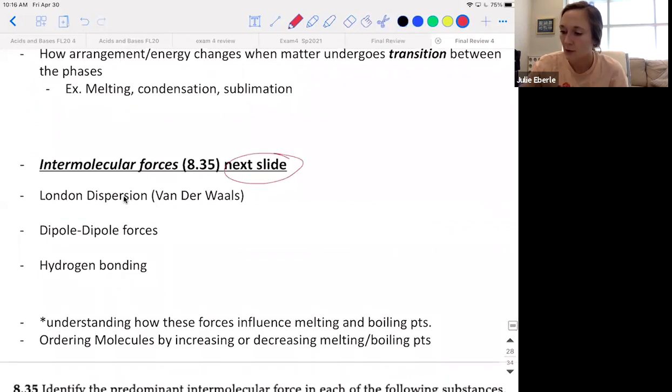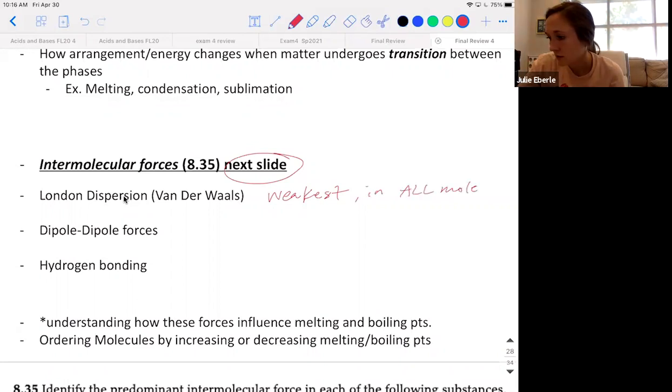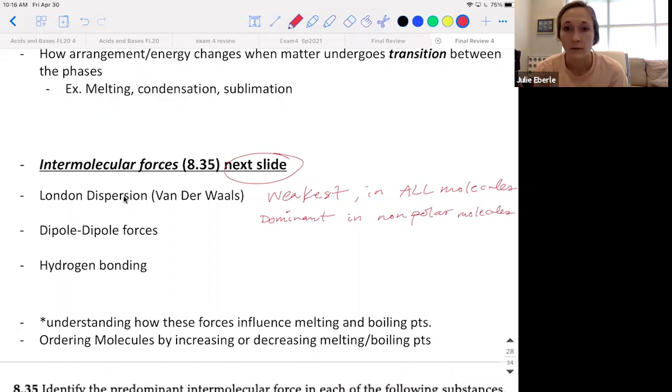So we talked about London dispersion. This was the weakest. These occur in all molecules. They are in all molecules, but they are dominant, or they're the strongest in non-polar molecules. Okay.